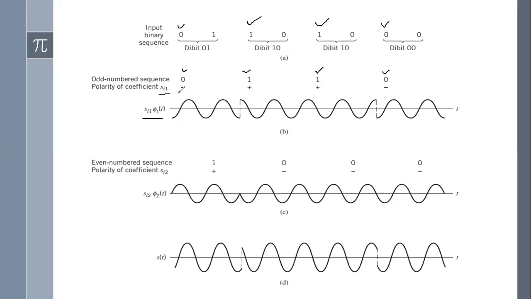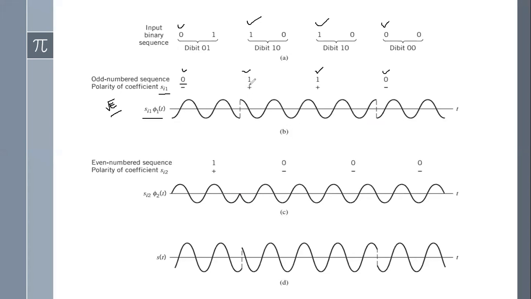So when 0 appears, there is no phase change, or it is represented by plus root E. When 0 is present, we multiply with phi 1 of t, which is a cosine signal, and 0 is represented by plus root E, so there is no change.